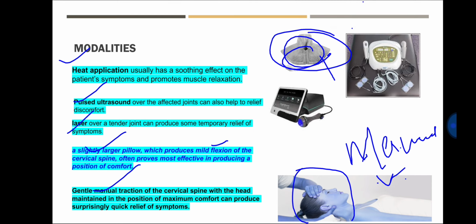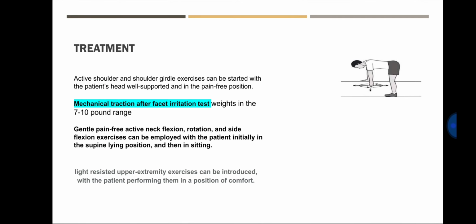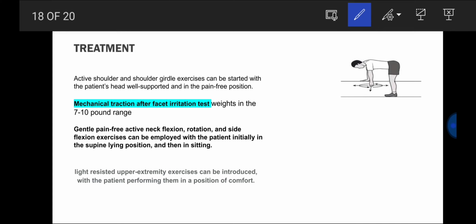It's very effective. Treatment: if you know the mobilization very accurately, then it gives the best results. And after that you just apply an ice pack. It is really very effective.